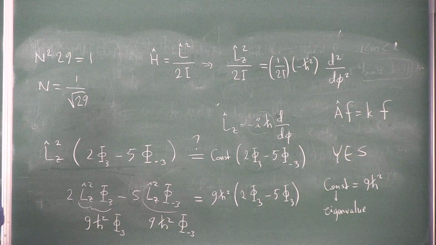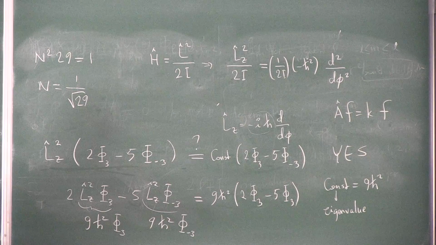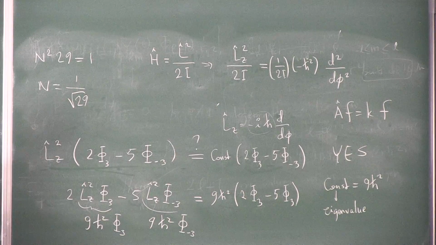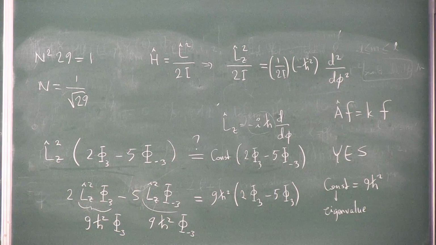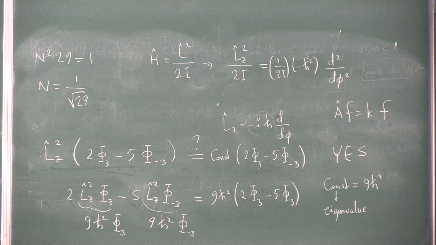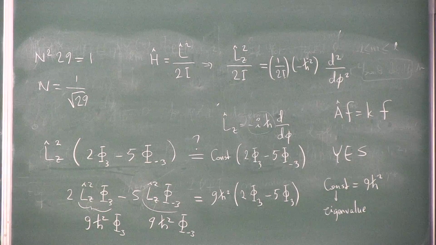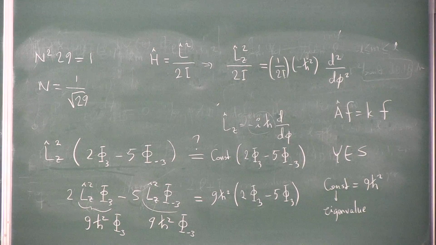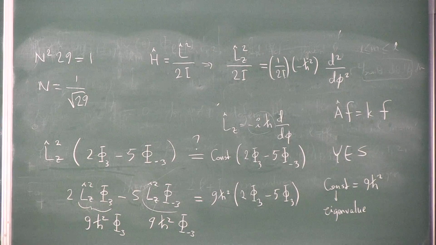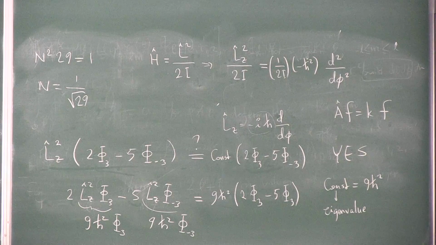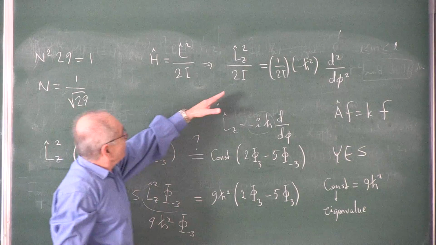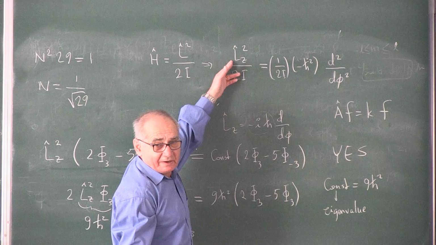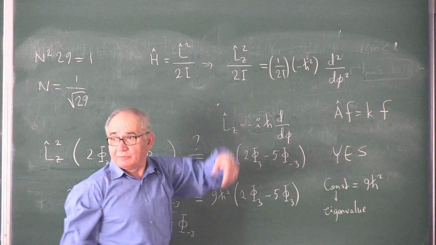Only the eigenvalue will change because of the multiplicative constant. The eigenvalue of H, which is E for this state, is 1 over 2I times 9 h bar square. This 1 over 2I is the relation between Hamiltonian and LZ square. They are very simply related.